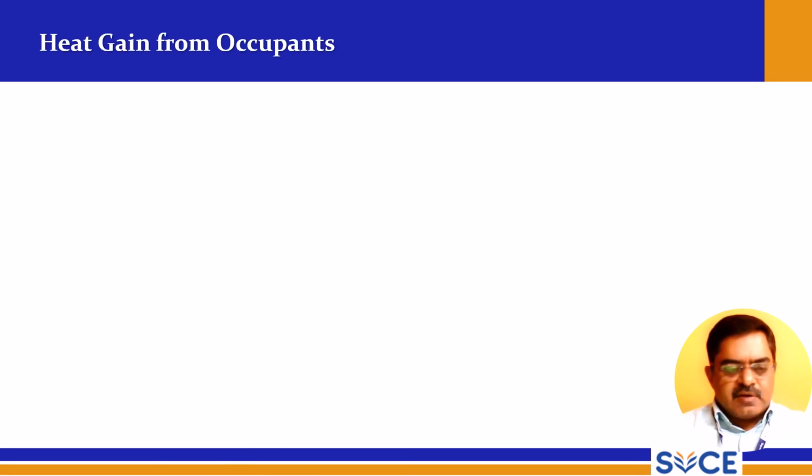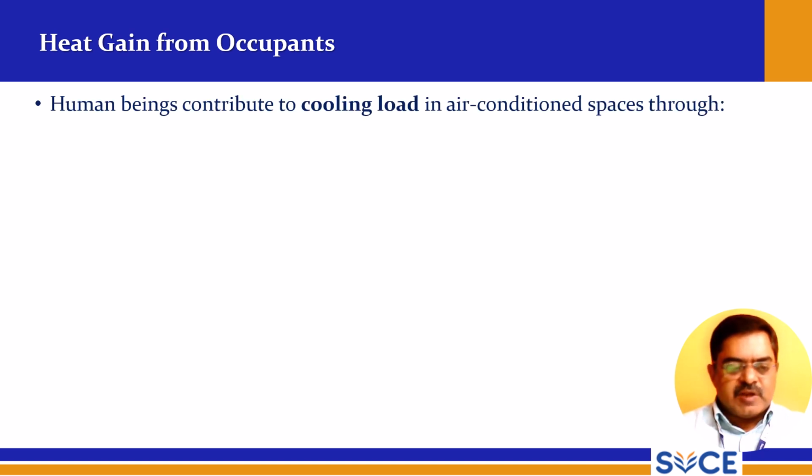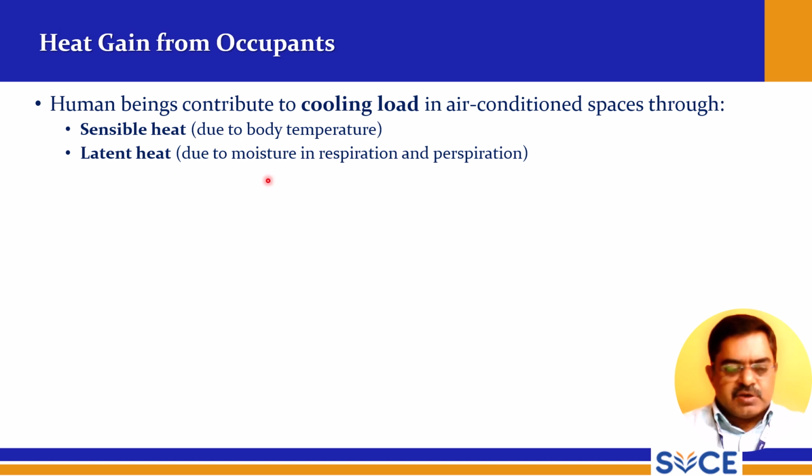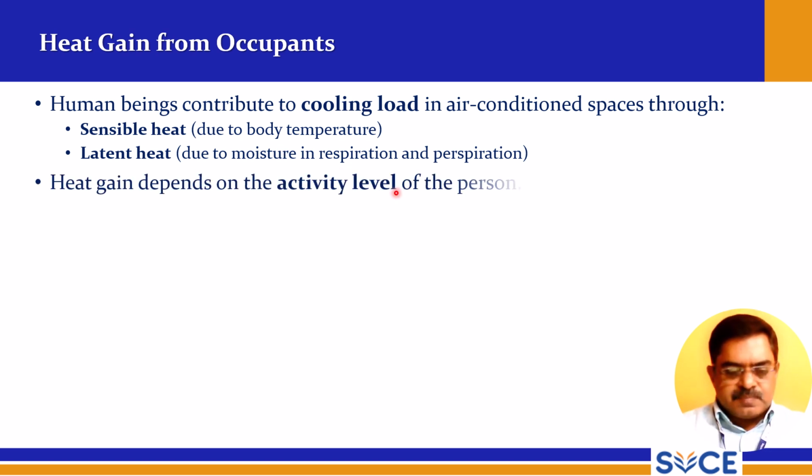So, heat gain from occupants. Occupants are also appliances, and human beings contribute to cooling load in air conditioned spaces through sensible heat due to body temperature and latent heat due to moisture in respiration and perspiration.